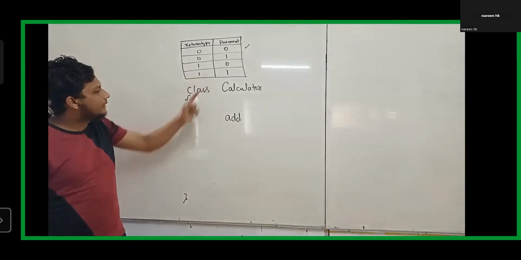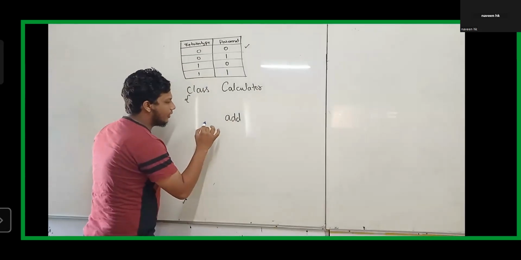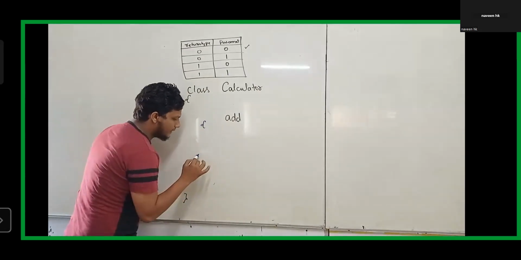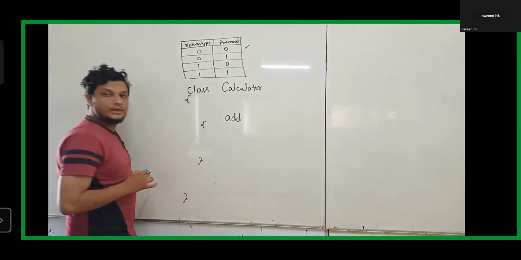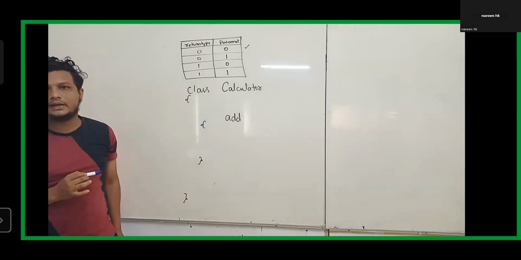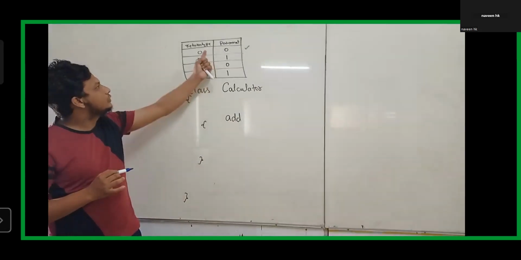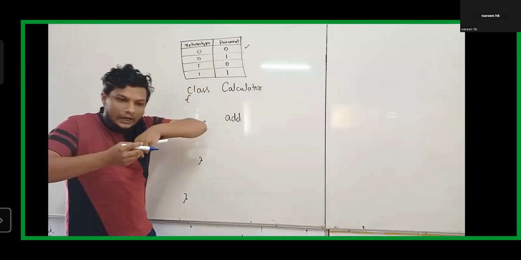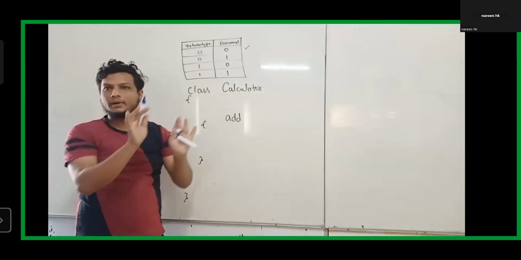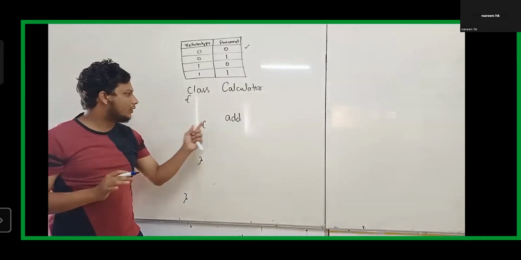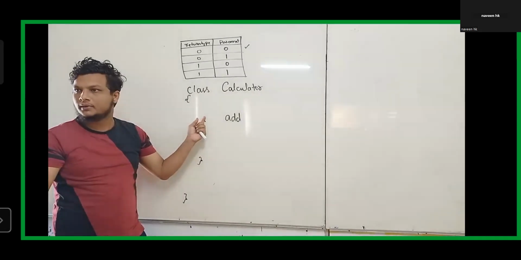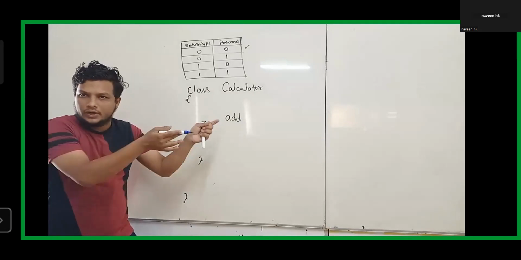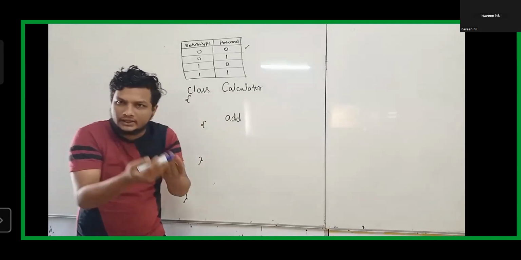Since every method has a body, I'll open the braces and close the braces. Any doubt in here? No, right? Now, since this method has no return type, it means I will not return anything from my method. Then what should be the return type of the method? Till today we wrote so many methods. Did we return anything in those?